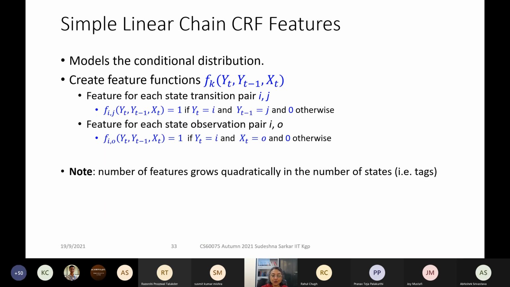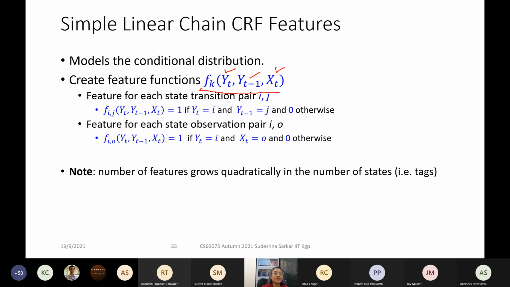The features usually for a linear chain CRF will be based on the connections. For example, we can have features based on y(t), which is the current state or current tag, x(t), which is the current observation, and the previous tag. So features can in general be a function of these three.